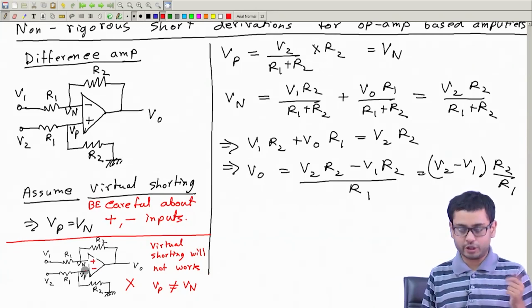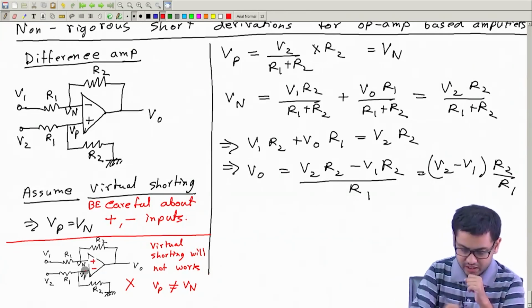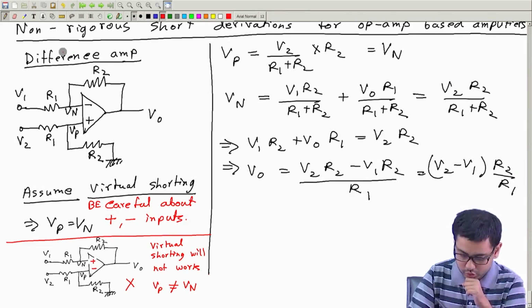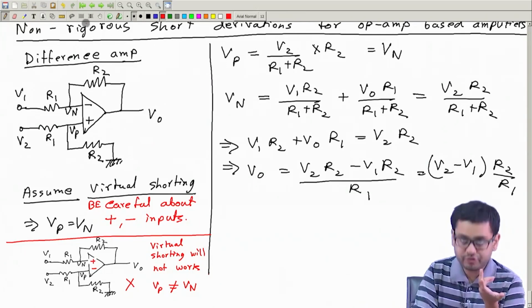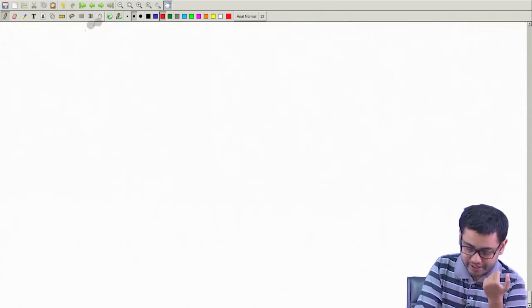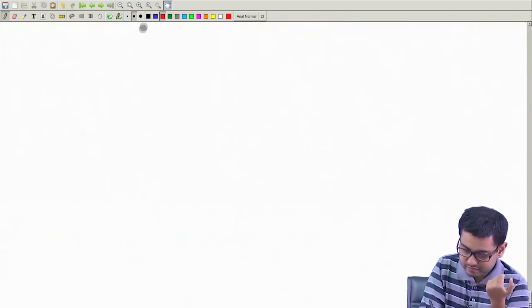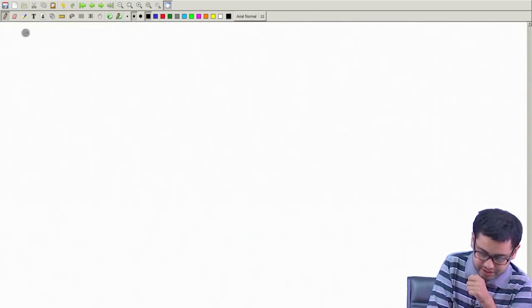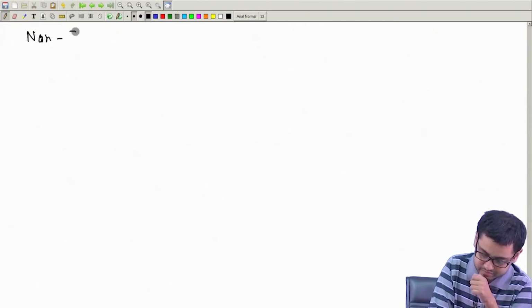In exam, your answer will be wrong. Now let's go to, say, inverting and non-inverting amplifiers quickly. So first non-inverting.